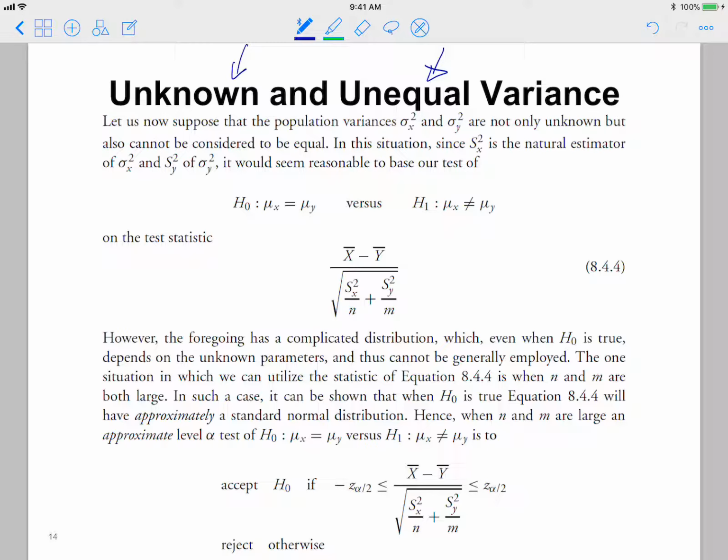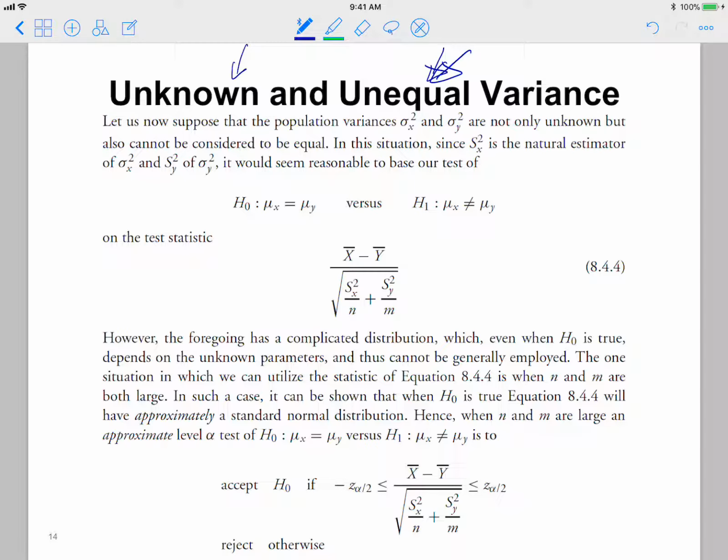Because pooled variance was an estimator for our common variance when we do not know this variance value. But if the variances are not equal from the two populations, then the pooled variance will no longer be representing one common variance.